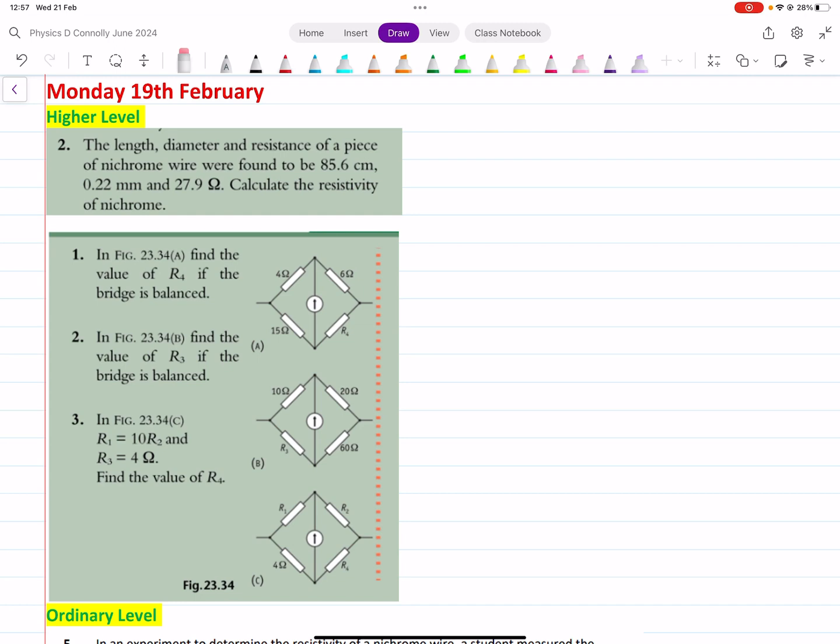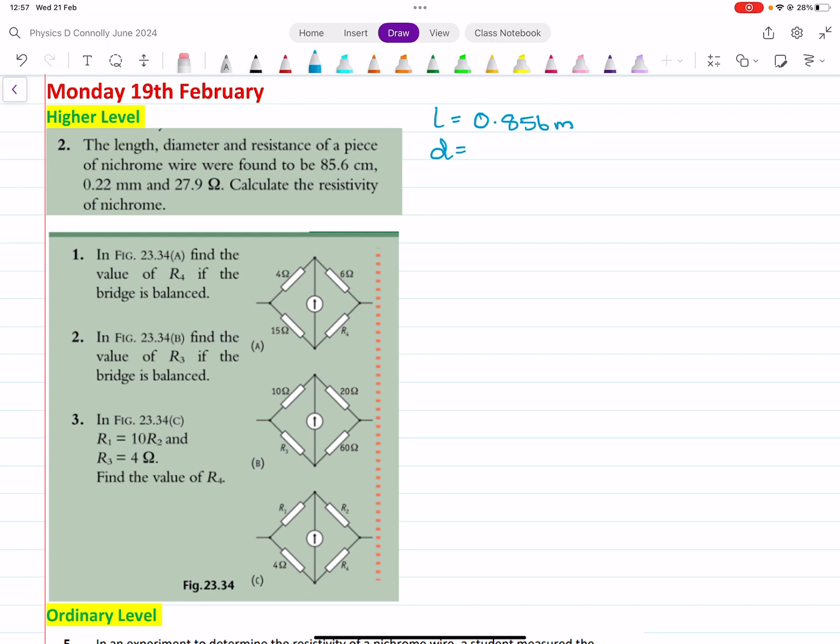do ourselves. Okay, so the length, diameter and resistance of a piece of nichrome wire were found to be, and they give these things, right, so let's see. So the length is 0.856 meters.